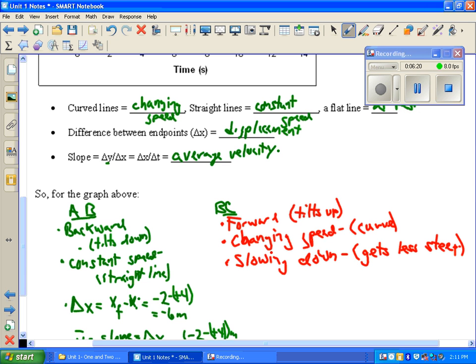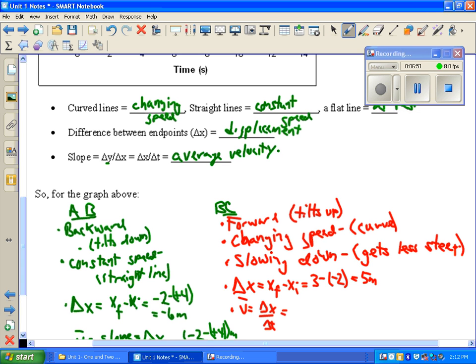And then again, we can find our displacement. Displacement is going to be the final position minus the initial position. And the final position was 3, and the initial position was -2. So that's going to give me 5 meters for the displacement. And then the last thing is the velocity. Again, we're going to have delta x over delta t. I'm not going to do the detail.